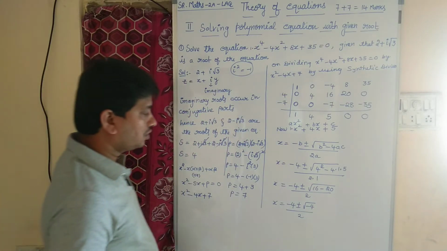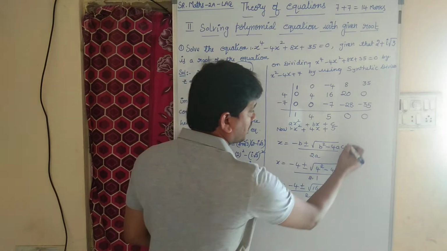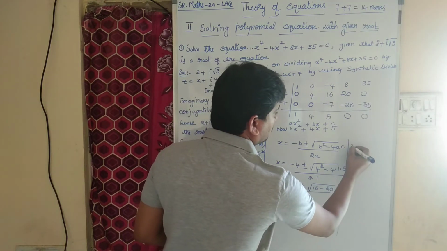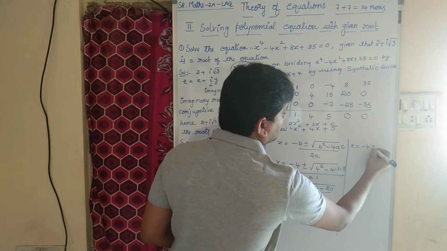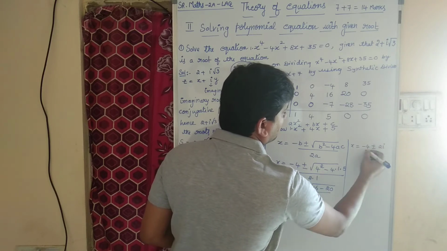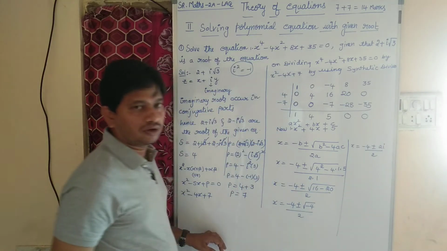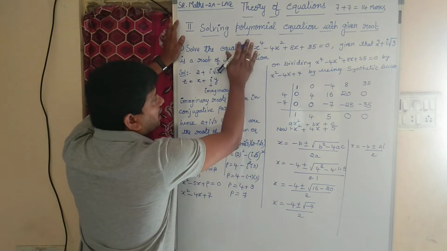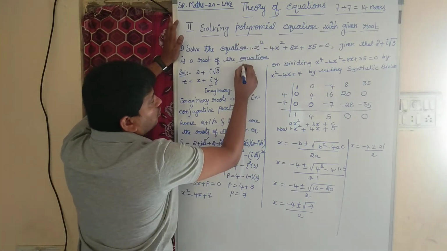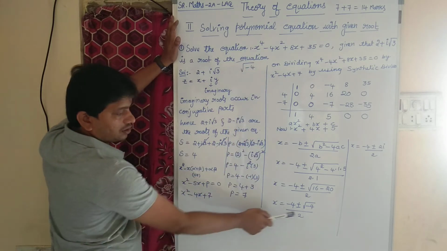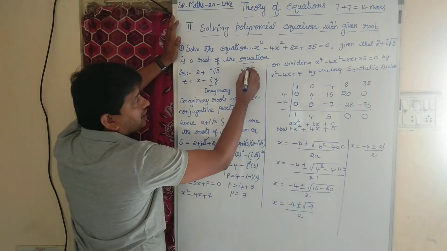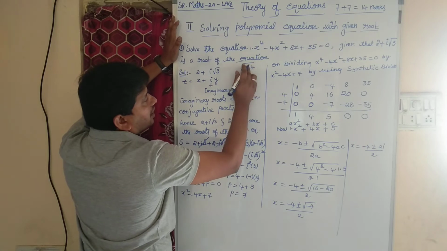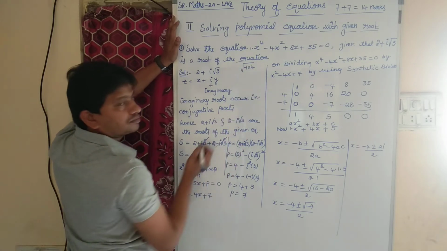Children, do you know how to write root minus 4? Let me write here x equal to minus 4 plus or minus, I can write as 2i by 2. Why 2i children? Let me explain. As we have root minus 4, I can write it as minus 1 into 4.